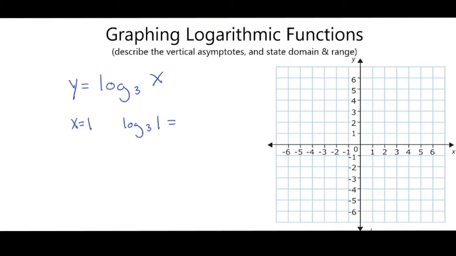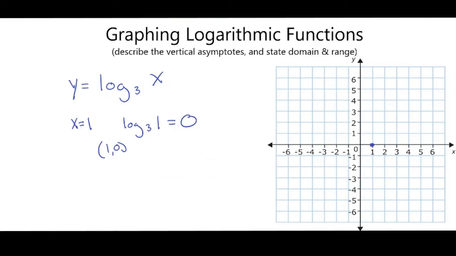Remember, 3 to the 0 power equals 1. So that means that log base 3 of 1 is 0. So that means when x is 1, y is 0. So (1, 0) is one of the points on our graph. So (1, 0) is right here.